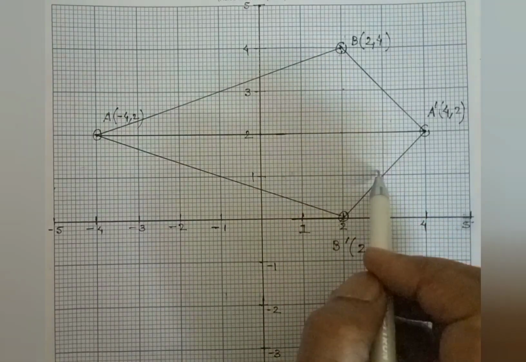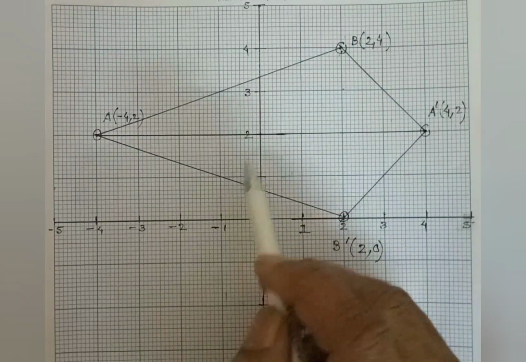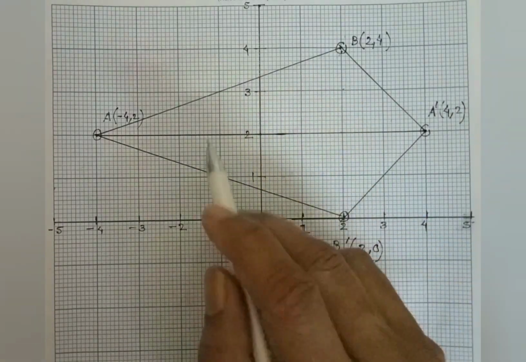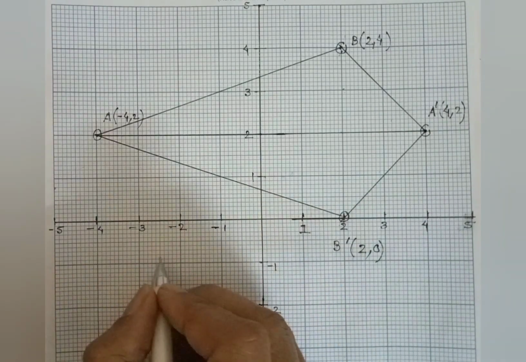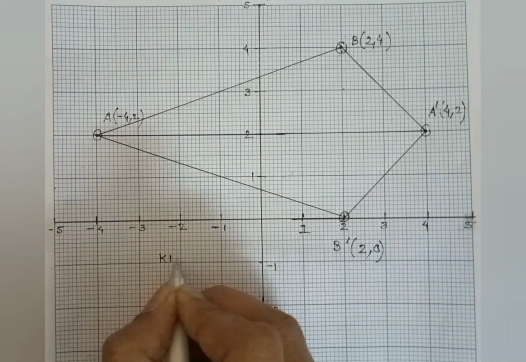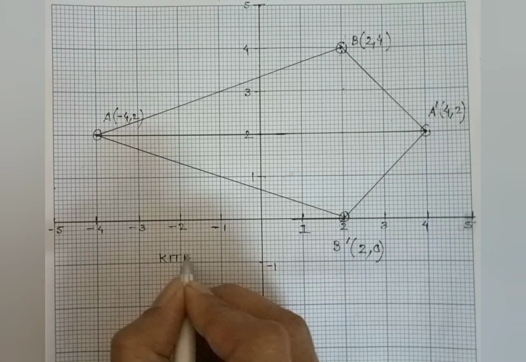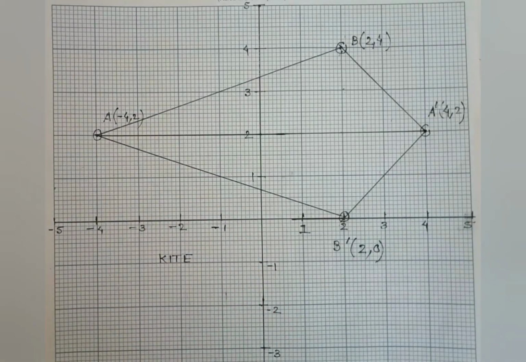These two sides are equal and these two sides are also equal. So altogether this quadrilateral will be termed a kite. So the geometrical name of the figure is kite.